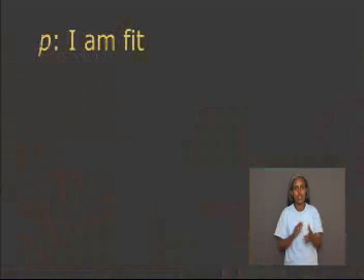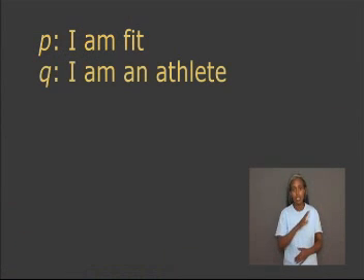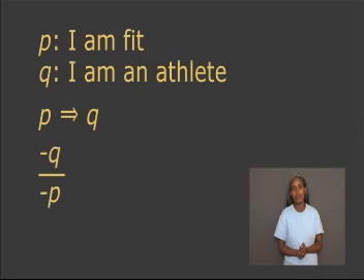Welcome back, students. Were you able to complete your truth tables? Let us consider the validity of this argument. Let us assign P to represent I am fit and Q to represent I am an athlete. The symbolic form of this argument is represented this way.